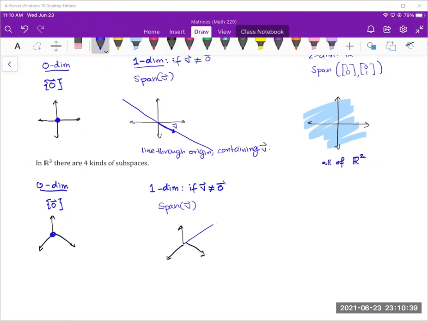Let's pick a direction, got a line going through the origin. Pick a different direction just so it's a little bit easier to see. Okay, so these are lines through the origin containing v.